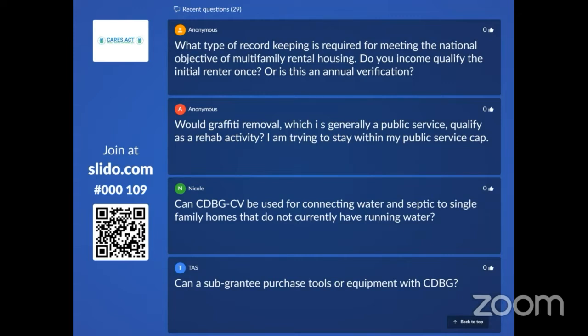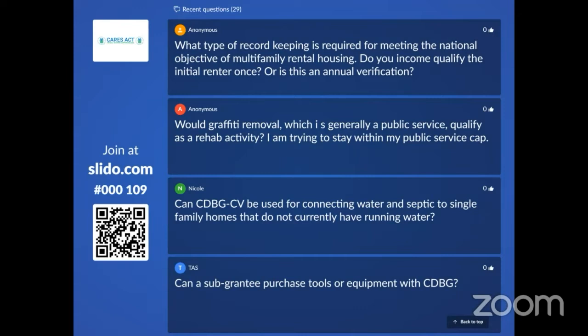But what some grantees do is they'll put a clause in their agreement with the property owner, and they can do it because it's not illegal, that this property must be 51% occupied by LMI households for 10 years.